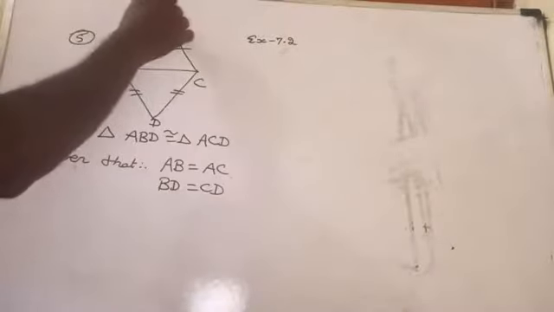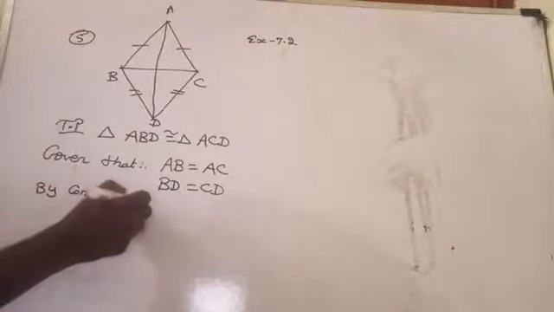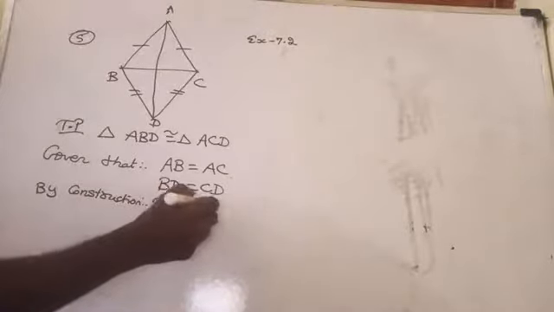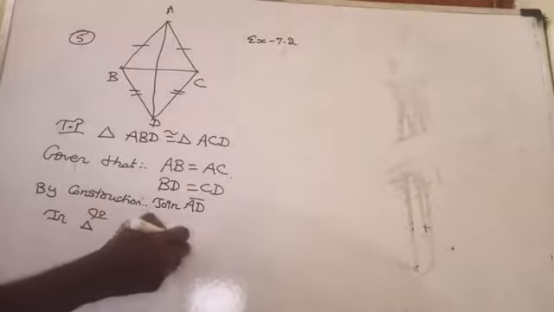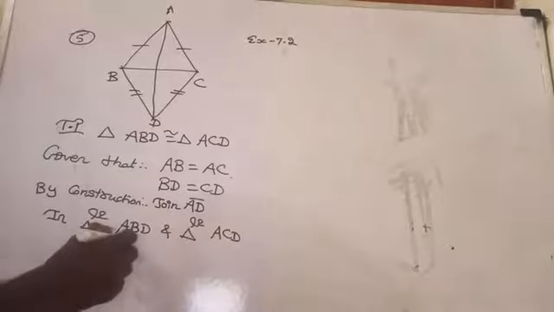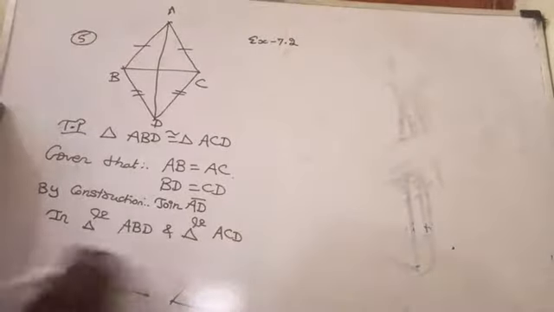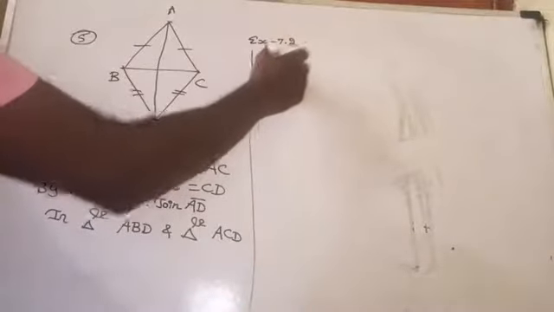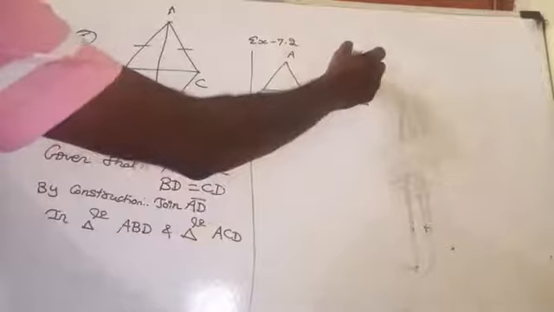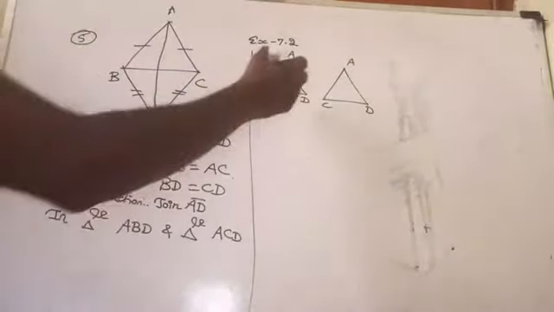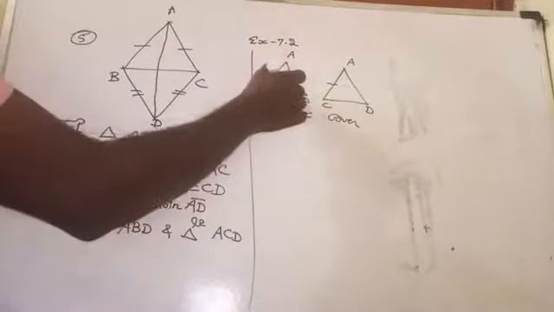So by construction, join AD. Now in triangle ABD and triangle ACD, it is given that AB equals AC, and then BD equals CD, it is also given.